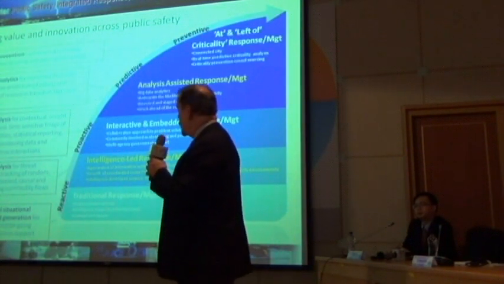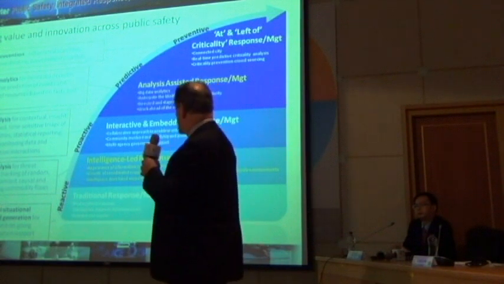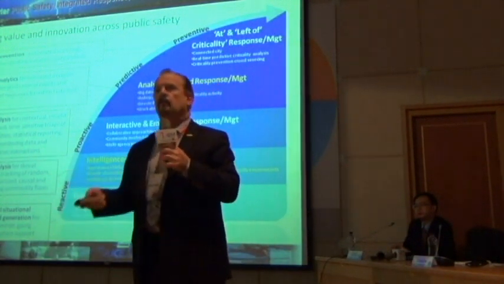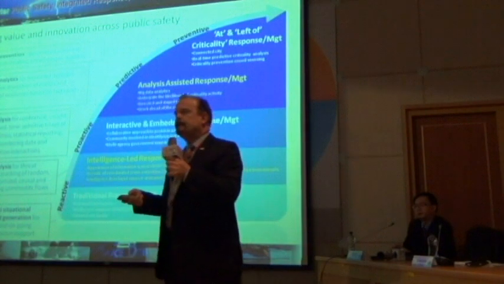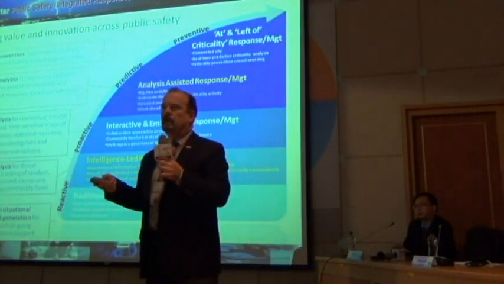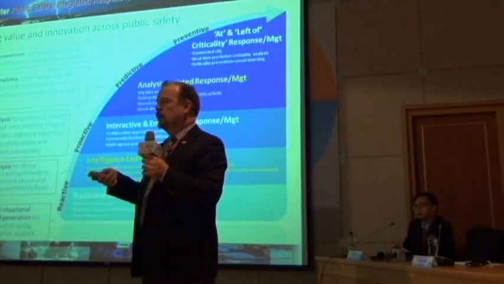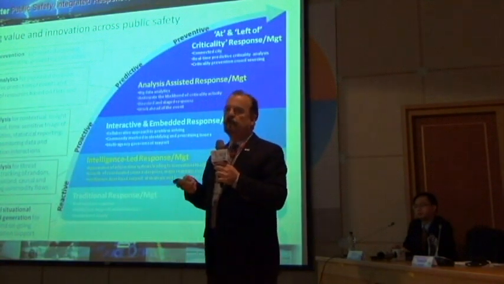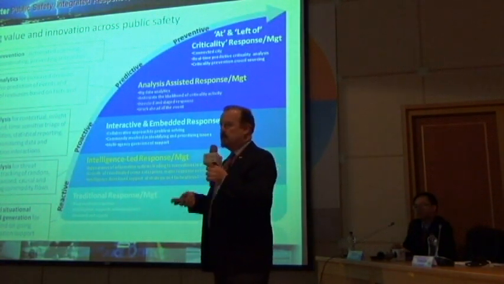Then we have to go up to analysis-assisted response. That's the analytics that we've talked about, right? The Smarter Cities is all about bringing in information, applying some type of filtering and analytic to it to try and make sense of it.